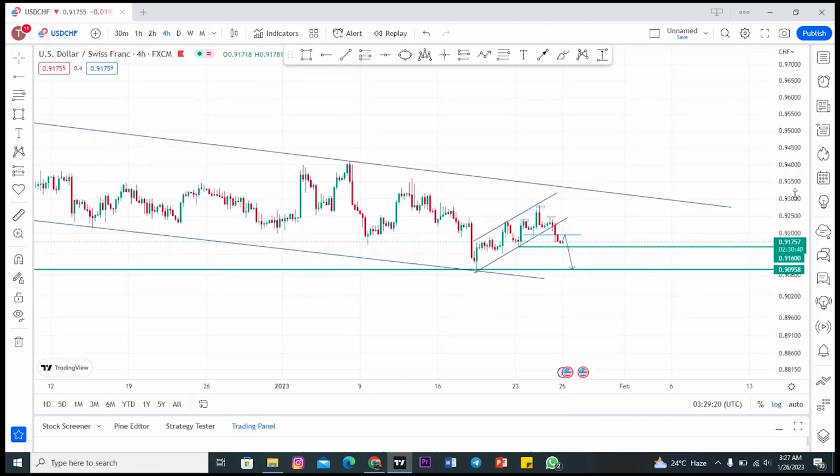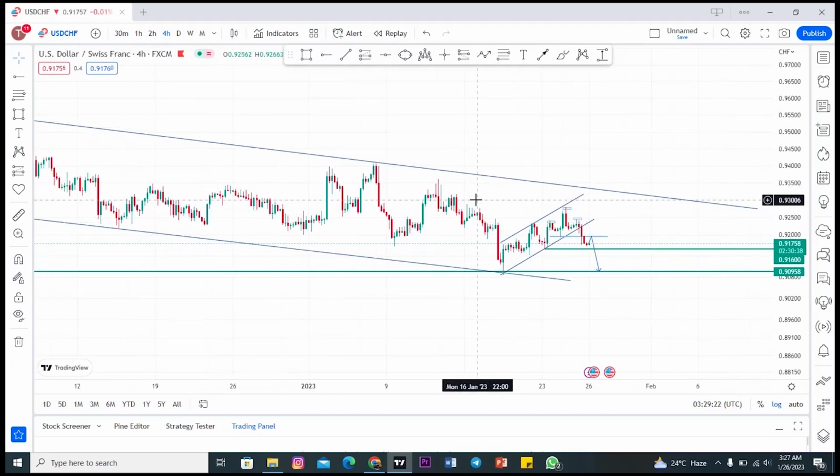You can see when price touches this resistance trend line, it started to move all the way to the downside up to this support, and now it is rejecting from the support. Now we are currently retracing, or making a correction to the upside before another drop.